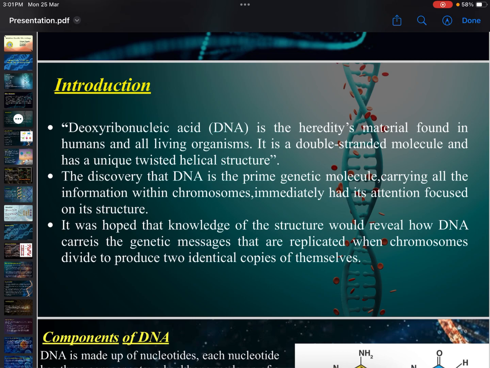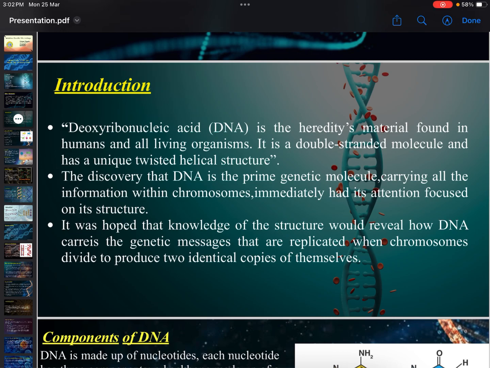on its structure. As we know, several experiments were carried out to find out what our hereditary material is. The first experiment was carried out by Frederick Griffith in 1928, known as the transforming principle experiment, in which he used pathogenic and non-pathogenic, also called virulent and non-virulent, strains of bacteria, Streptococcus pneumoniae.